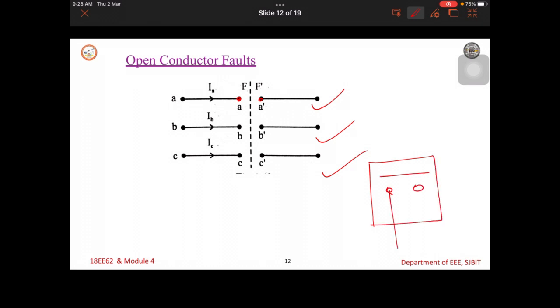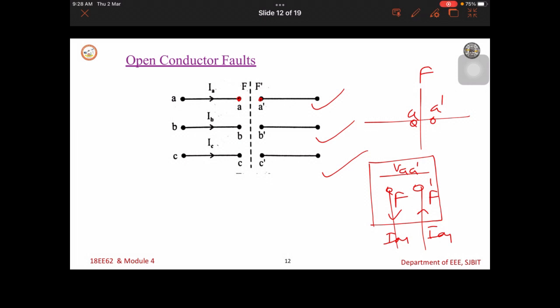Here these are the 2 terminals. Here is the fault FF dash, and the voltage is VAA dash. Suppose conductor A gets open, AA dash becomes the terminals because of the fault, and the currents you can write like this, IA1. This is the analysis of the open conductor fault, and how to write the sequence network for it.